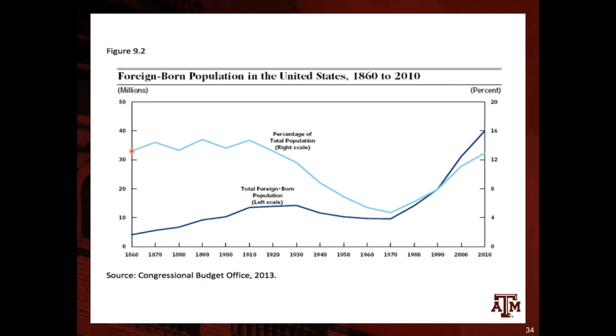And in terms of percentage, we see a huge drop in 1970, as we saw in the previous figure, and then it starts increasing again. And as we saw in the previous figure, after 2010 this number stabilized around 13%.